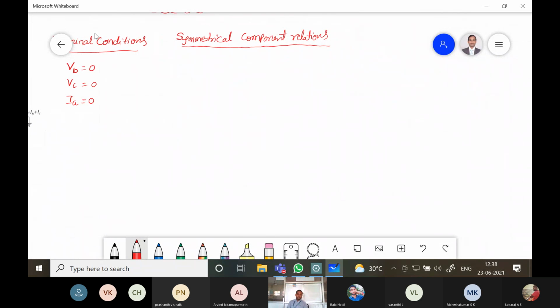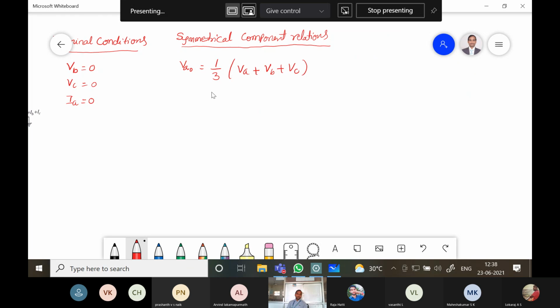VA0, the zero sequence voltage, is equal to 1 by 3 times of VA plus VB plus VC, right? So VB and VC are 0 and only VA is there. Okay, the remaining two are 0. Therefore VA0 is equal to 1 by 3 times of VA.